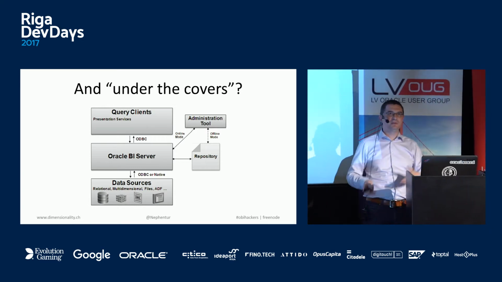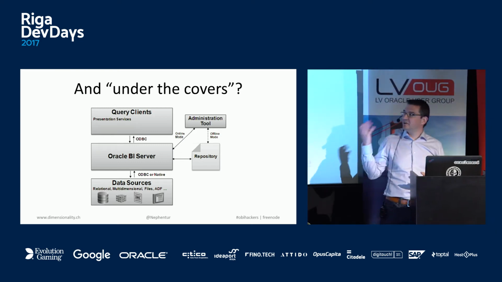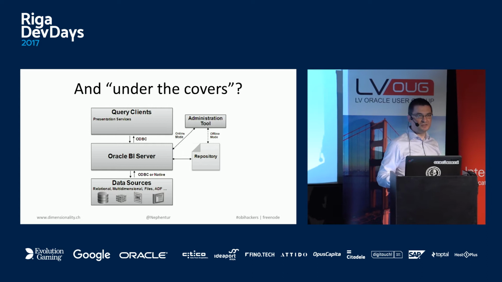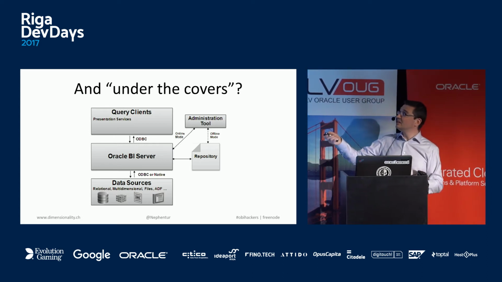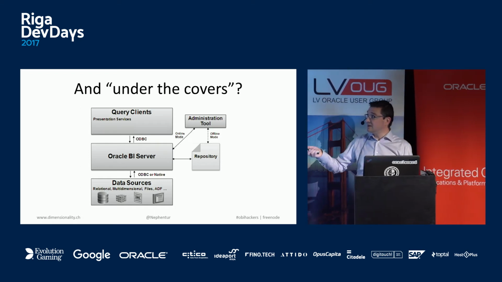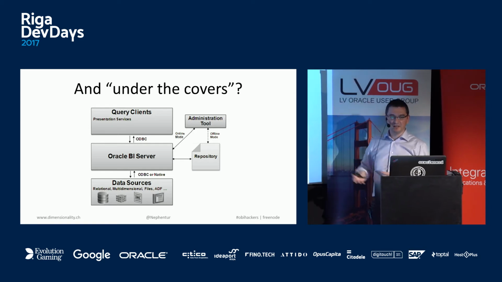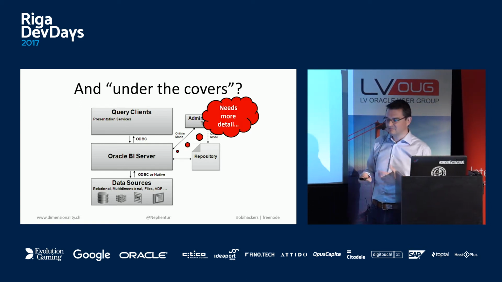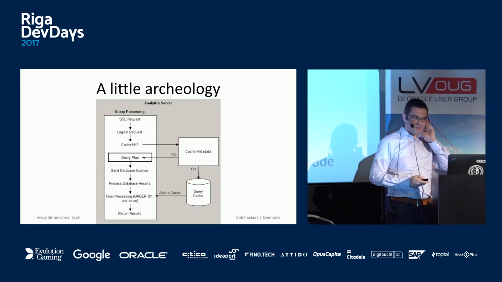How did I get to the point of detail that this presentation provides? Well, you find this in rather old documentation. We get query clients, the BI server in the middle, data sources, and then we go native or over ODBC to them, and we get the repository and the admin tool. Cool, but I'm not okay with that. That needs more detail.